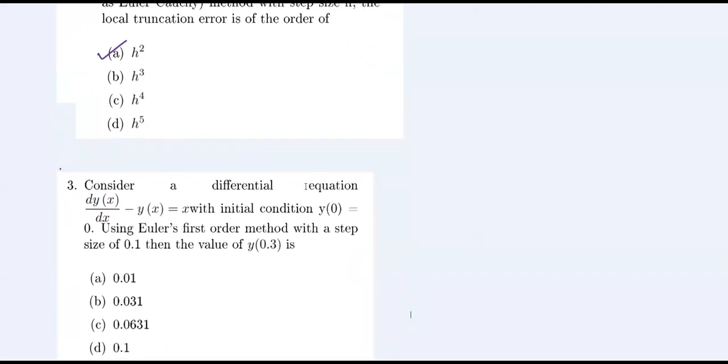So again, we will write these steps. This is xi, this is yi, this is dy by dx is equal to f of x comma y, which is x plus y here.